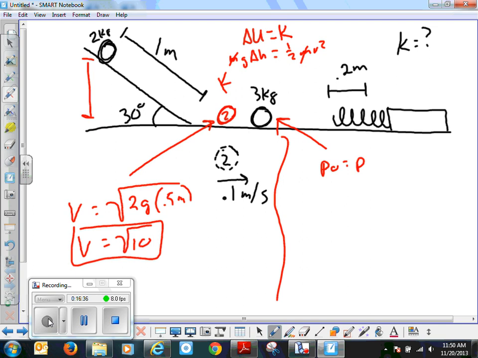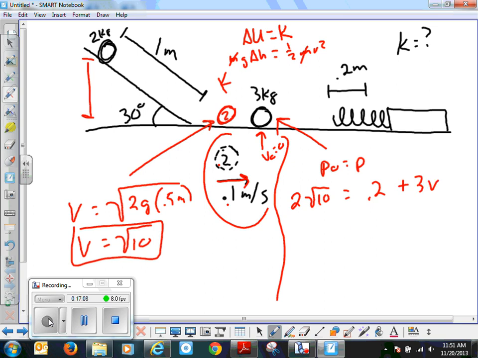The first initial would be 2 kilograms times the square root of 10. And that's my total momentum in the beginning, because this velocity is 0 initially. So that's going to equal the m1 momentum, which will be 0.2, right? Because 2 kilograms times 1, that's the velocity, right? And notice it is in this direction, so it's still a positive number, plus 3v.